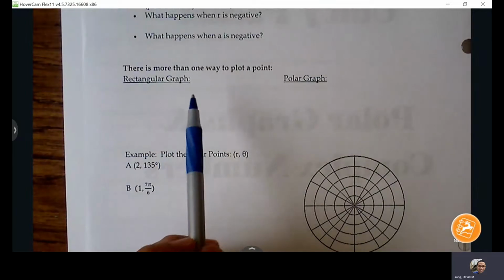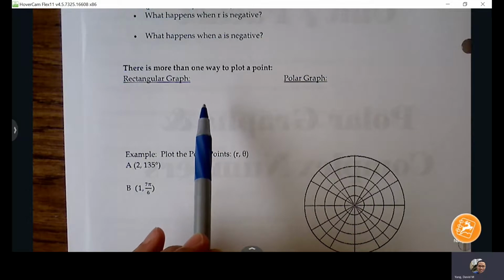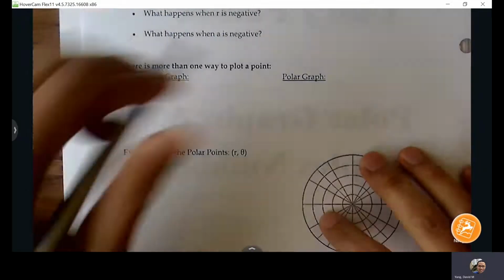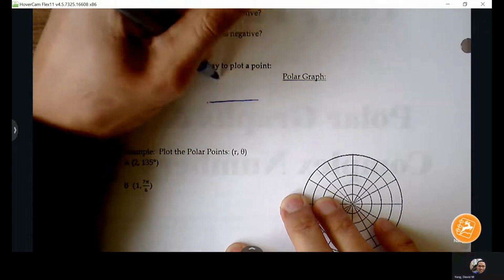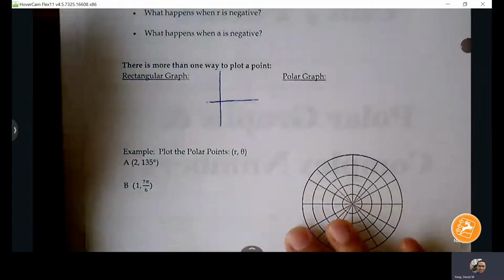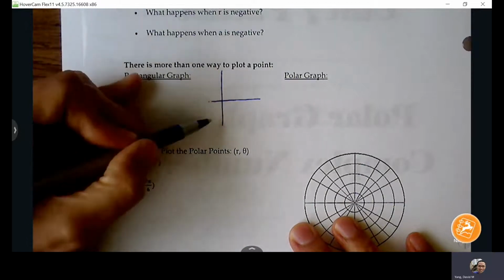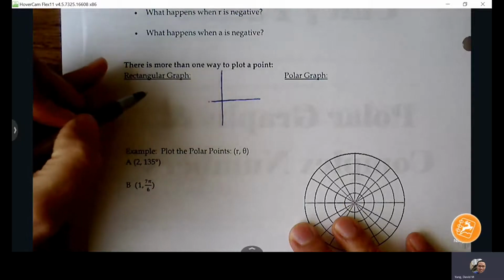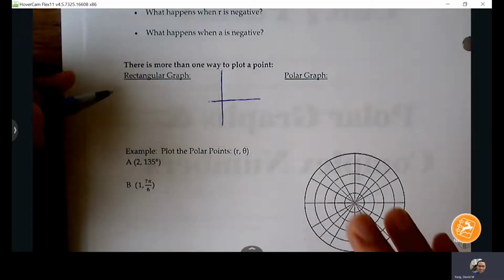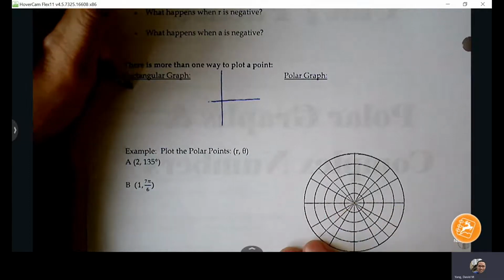Okay, so let's say we have a coordinate plane here. If I wanted to plot a point on a rectangular graph, let's say the point was in the first quadrant, and let's say it was (3, 4).